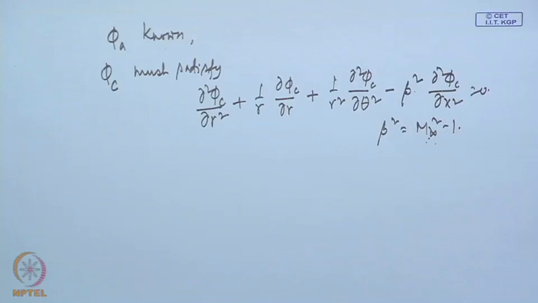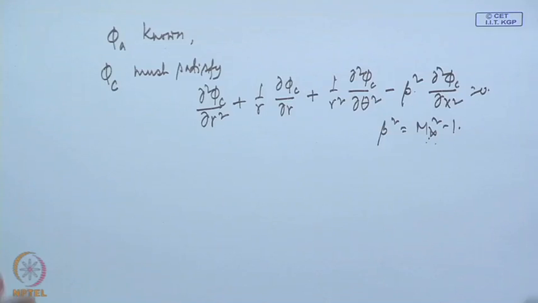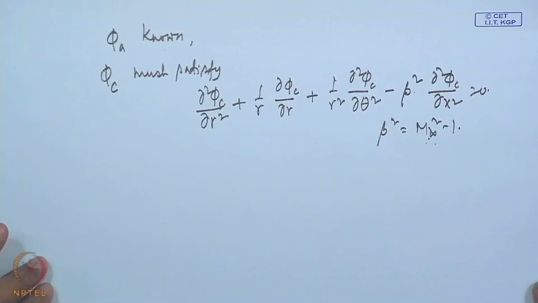And once again, since we have split the problem into axial and cross flow parts, the small perturbation theory may still hold even if the cross flow perturbations are not large, provided the total perturbation, that is cross flow perturbation plus axial flow perturbation, remains small.